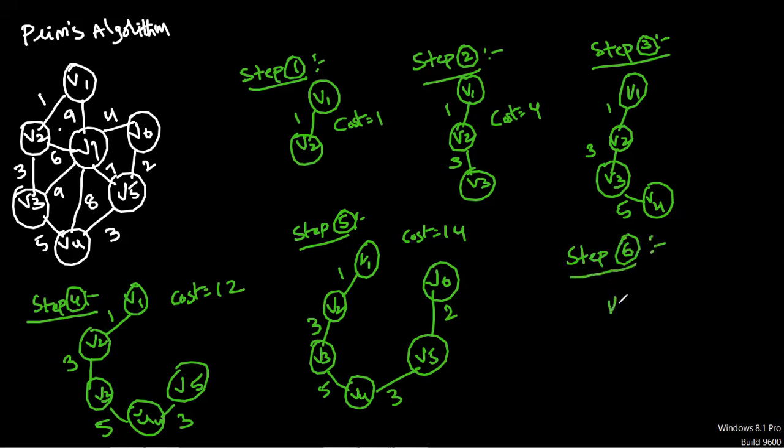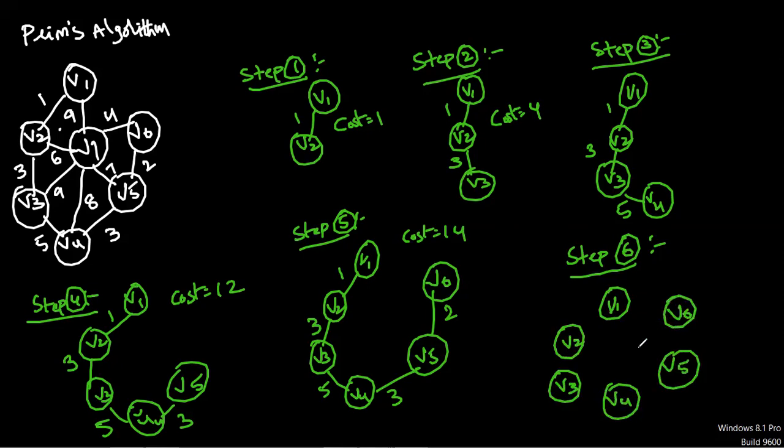V1, V2, V3, V4, V5, V6, V6 to V7. Take the edges with cost 1, 3, 5, 3, 2 and 4.